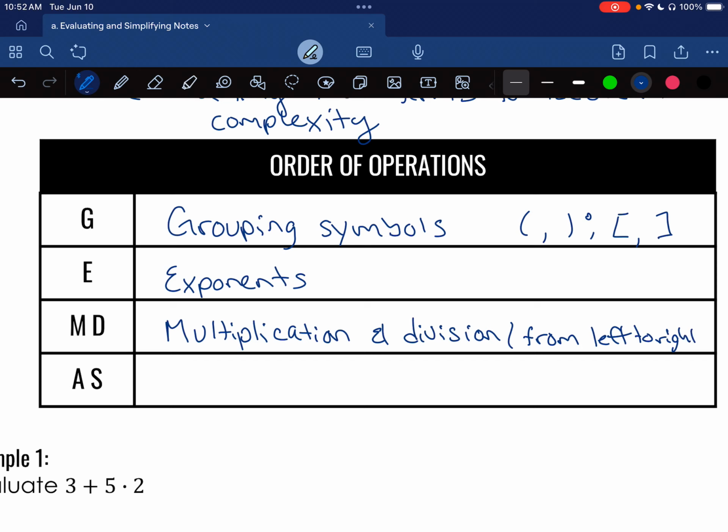And then addition and subtraction. Also on the same line, we'll move from left to right. Read through expressions like we would read a sentence in English.